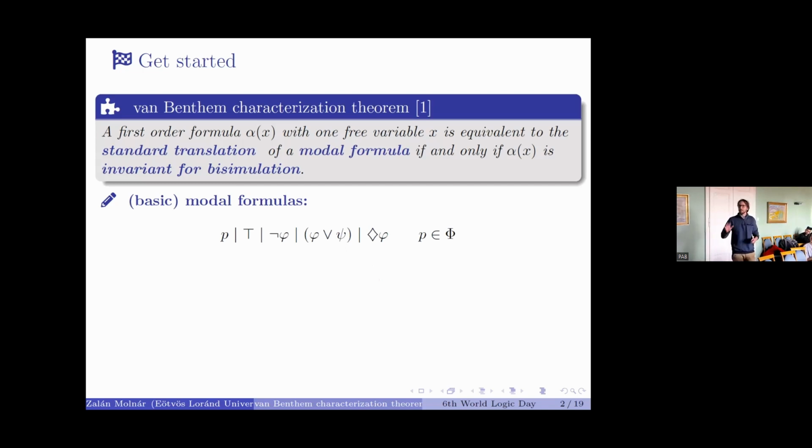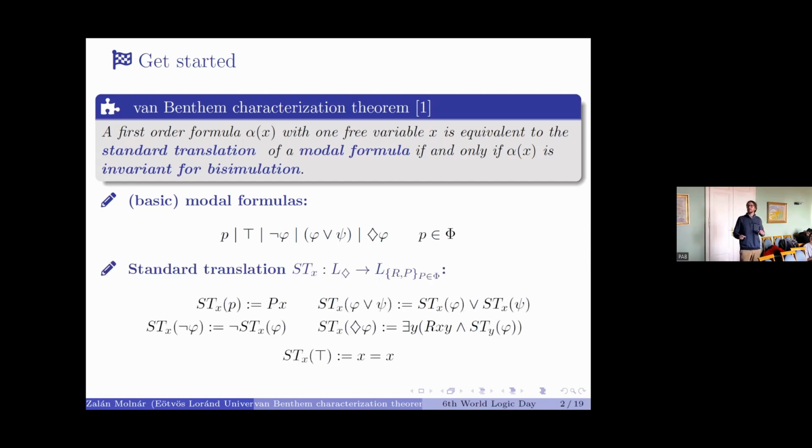For the next part of the talk, we will forget about what modal formulas are in these settings. Whenever I'm talking about modal formulas, I will understand first order formulas in some translation way. Namely, the standard translation takes as input a modal formula and gives a first order language which has a single binary relation symbol, and for each propositional variable we extend the language with a unique unary predicate symbol.